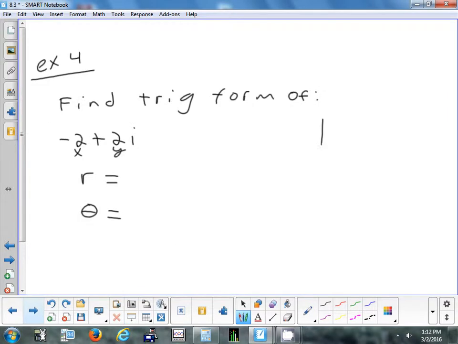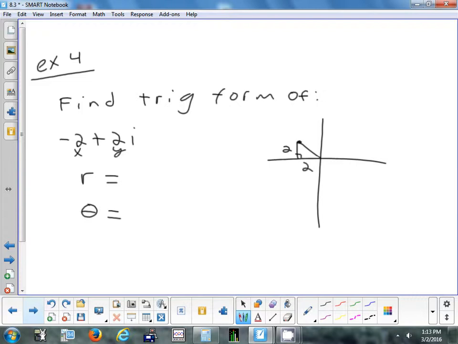All right, let's make a sketch. Okay, left 2, up 2. Right, make a triangle. Okay, what's going to be my radius in this case?